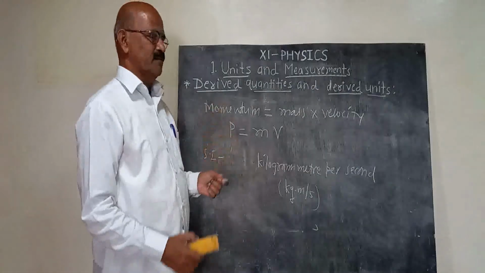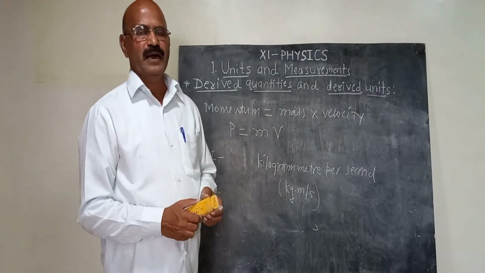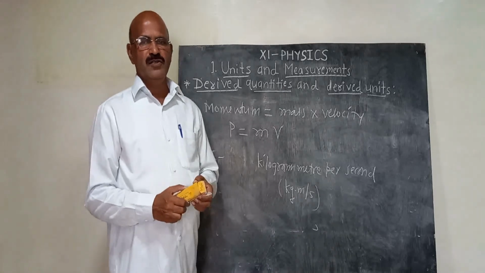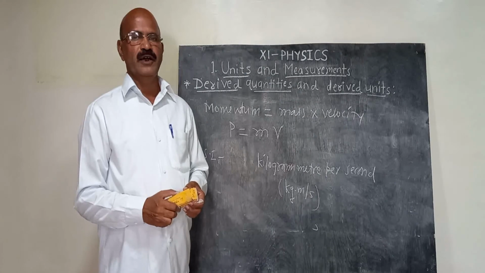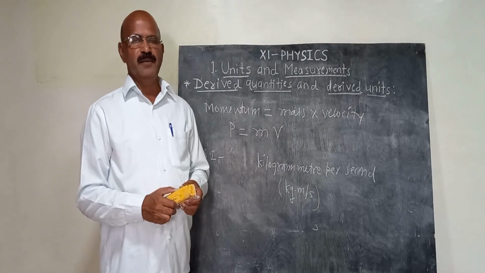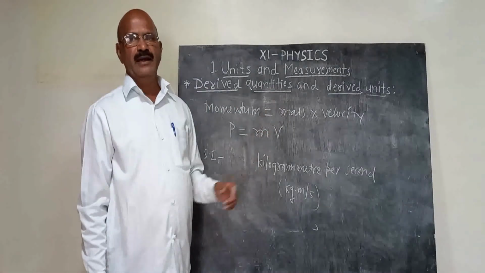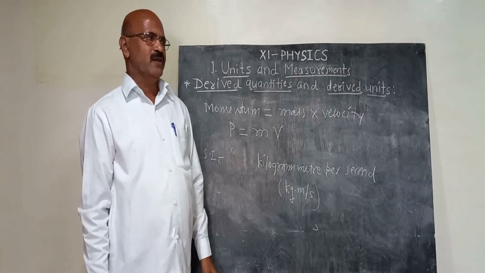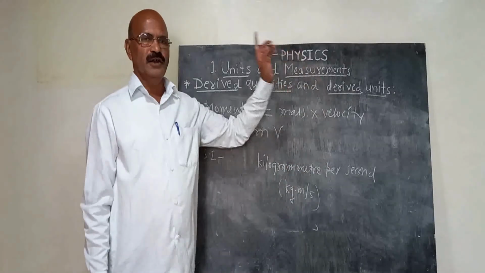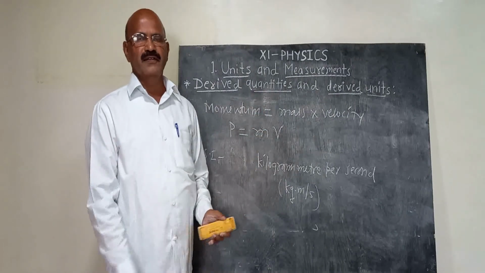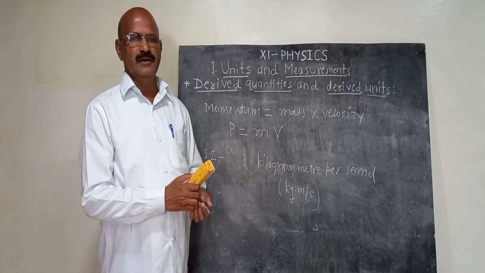Derived quantities means the physical quantities other than the fundamental quantities which depend on one or more fundamental quantities for their measurements, and the units used to measure the derived quantities are called derived units, and the derived units are expressed in terms of fundamental units.